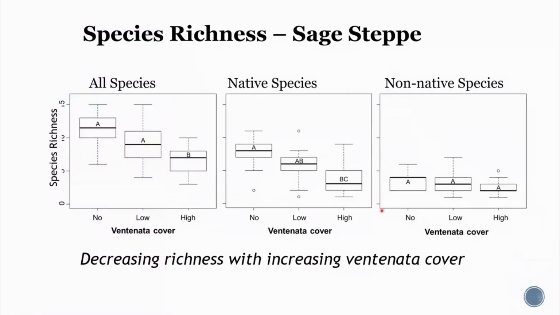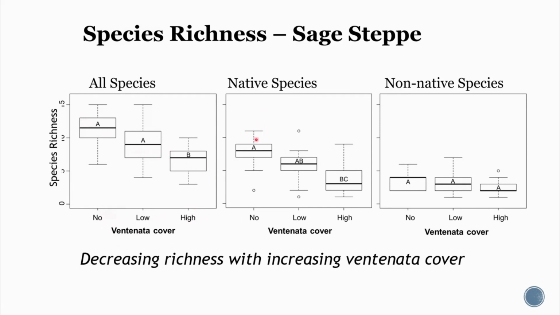We see a similar pattern when we take a look at ventenata. If we were to look at ventenata from no ventenata to a high cover, and when we say high here, we're just talking about over 11% foliar cover. And so we can see that our species richness declines, and that's for all species.